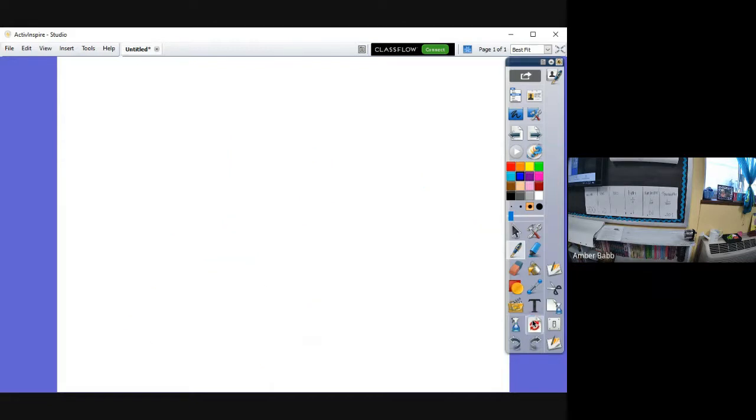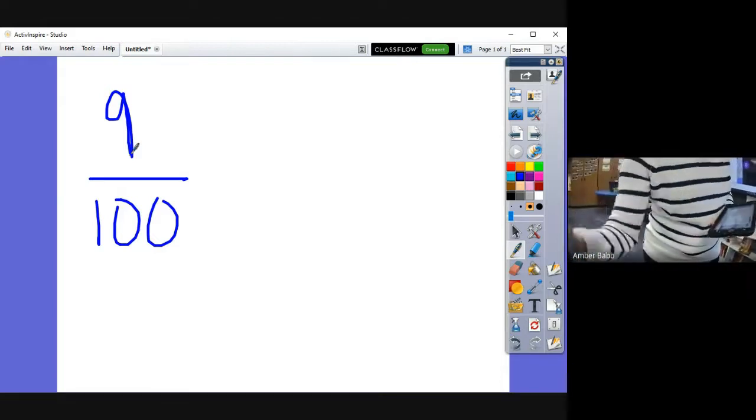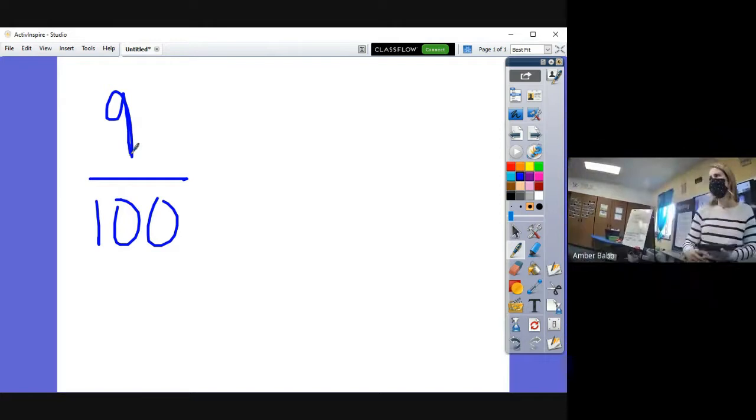So if I make this a different number, how would I say that fraction? Kendall? 9 hundredths, with a TH.